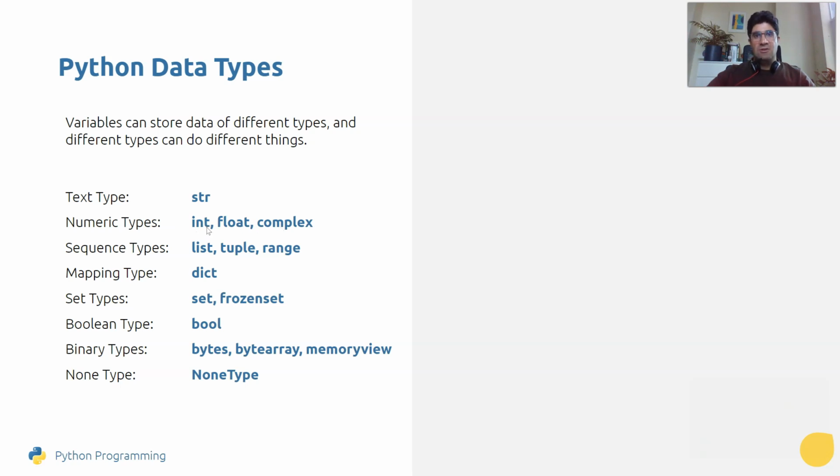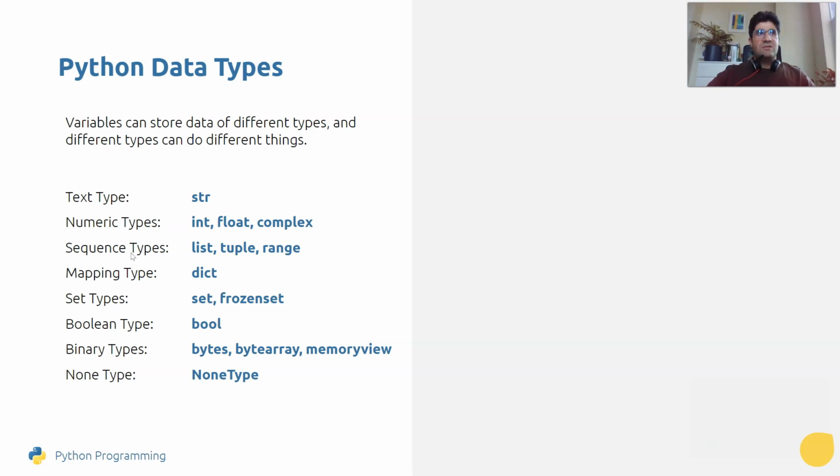Integer stores whole numbers, float stores decimal numbers, and complex stores complex numbers, which are some sort of mathematical numbers. If you don't have any idea about complex, you can search on the internet what a complex number is, and you will find each complex number is a combination of a real part with an imaginary part.